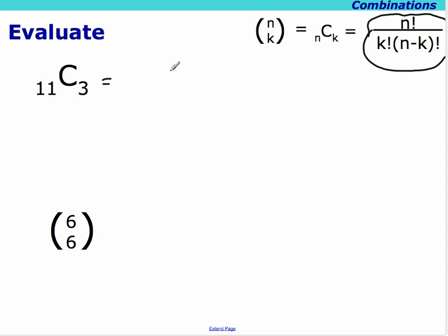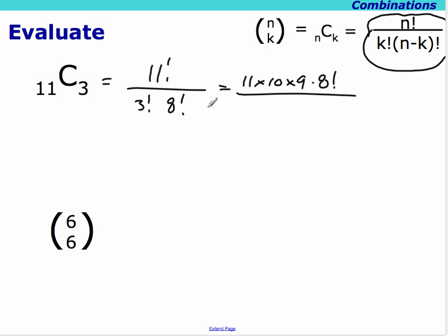Okay, so 11 choose 3 would be, just using the formula, 11 factorial over 3 factorial times 11 minus 3, or 8 factorial. Remember, factorial means 11 times 10 times 9 times 8, etc. On the bottom I've got 3 times 2 times 1 times 8 factorial.